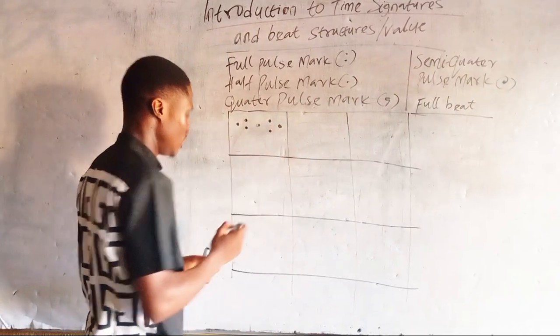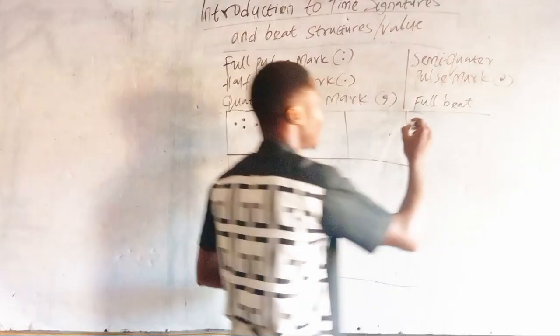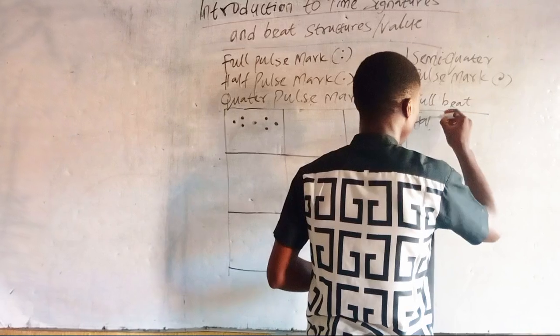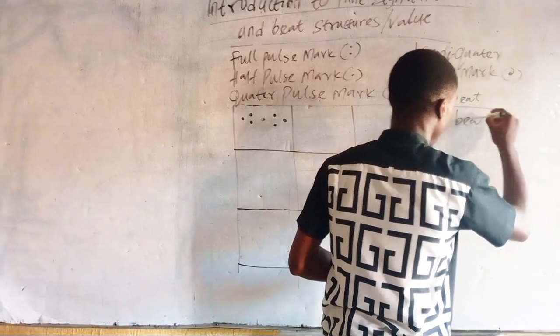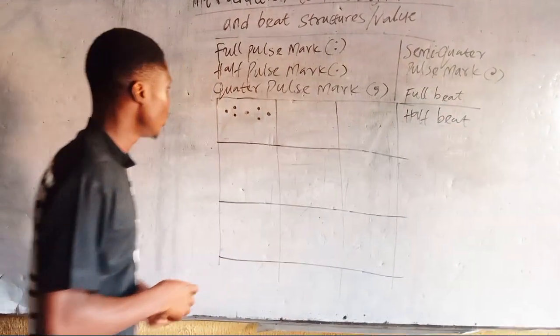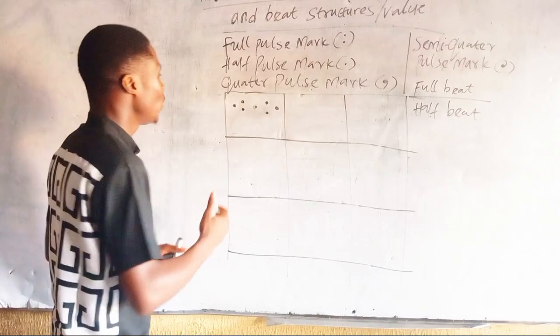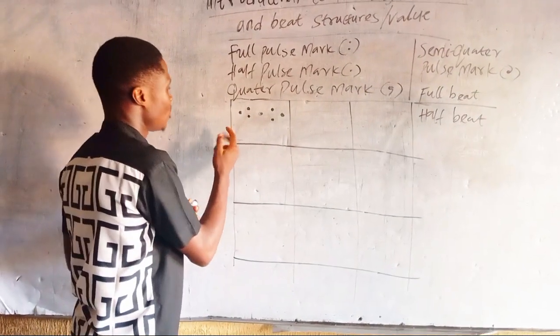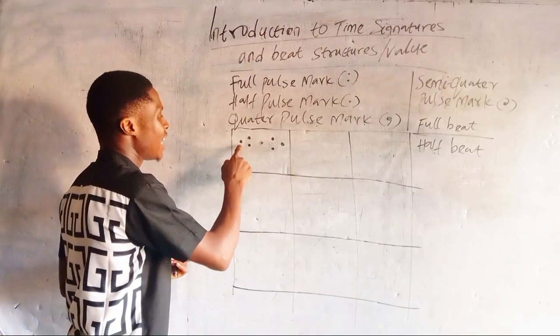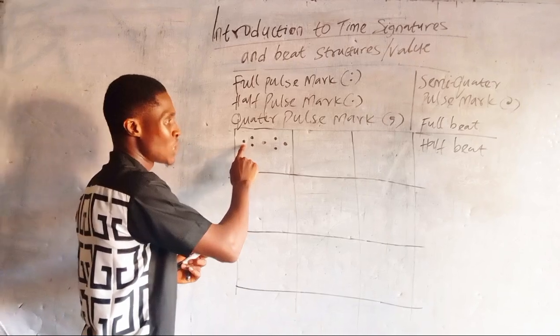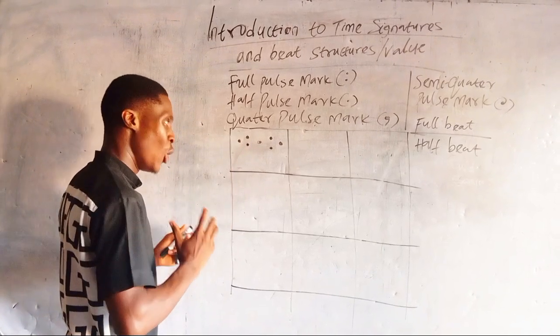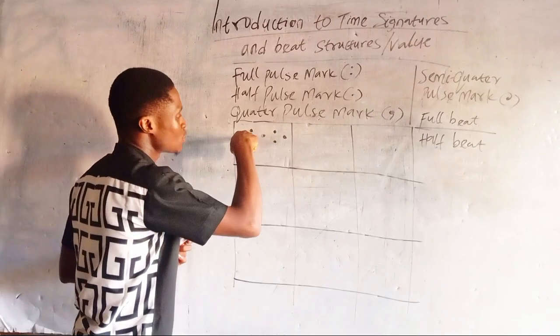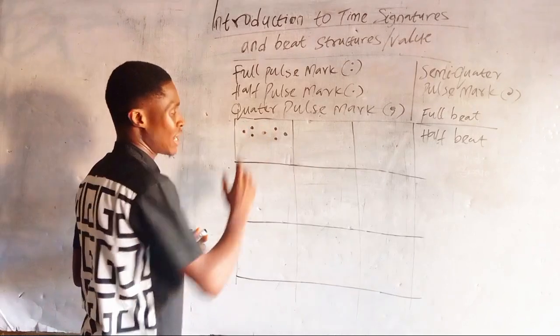And same goes for this. Now, how do we define a half beat? Wherever we have a space between a bar line and a half pause mark, or between a half pause mark and a full pause mark, that's a half beat.